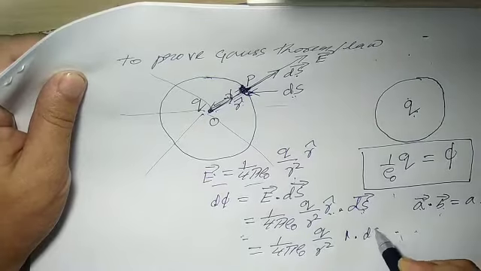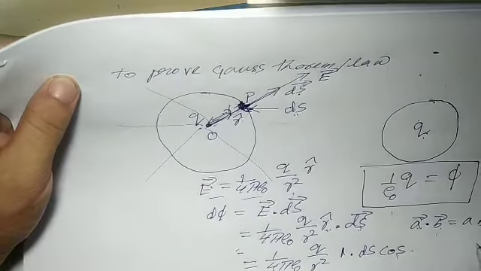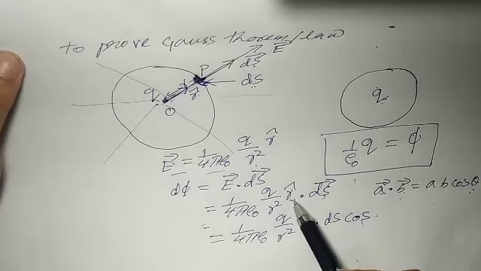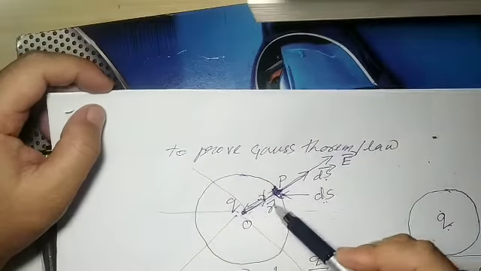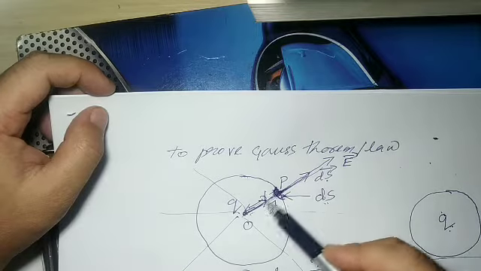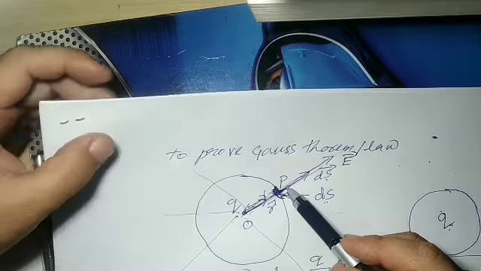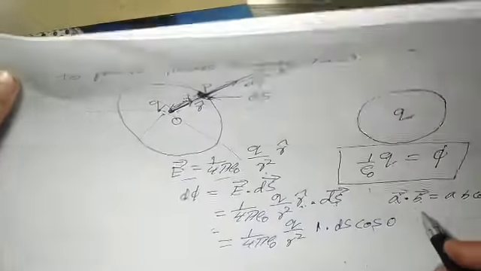So dS cos how much? What is the angle between r cap and dS? r cap is in this direction, dS is also in this direction, so they are in the same direction. That means the angle is 0, so cos 0. What is cos 0?